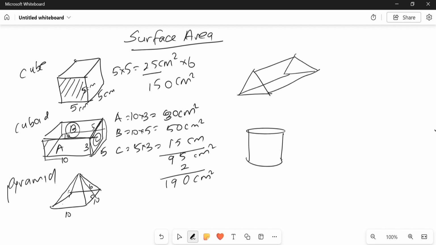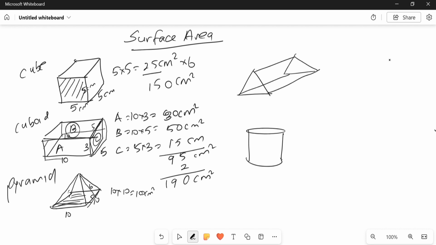Then we can easily find the base area. Being a square, length into breadth, 10 into 10, 100 centimeters squared. There are 4 triangular faces, and being the bottom is a square, all 4 triangles are equal.